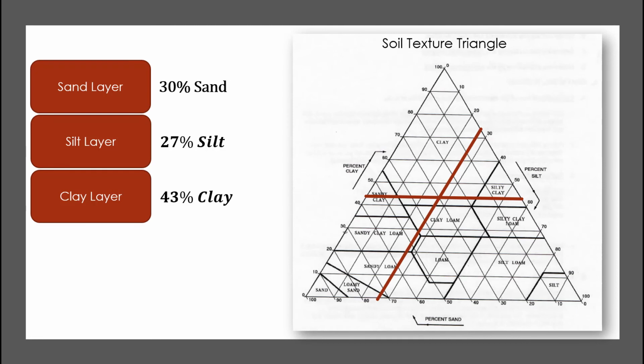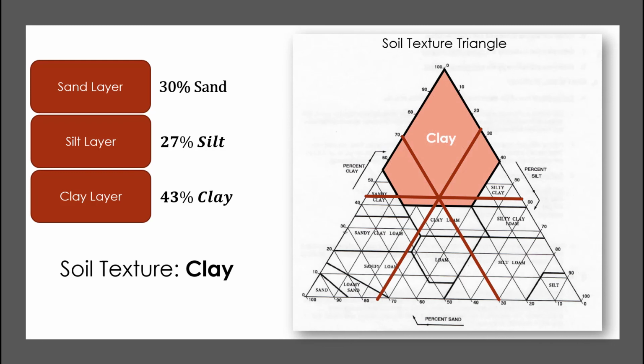Lastly, the bottom of the triangle looks at the percentage of sand going from 0 to 100 from right to left. Since our sand percentage is 30%, draw a diagonal line upwards. If done correctly, all three lines should intersect at one point in the triangle. For this soil, they intersected in the clay zone, so this soil's determined texture is clay.